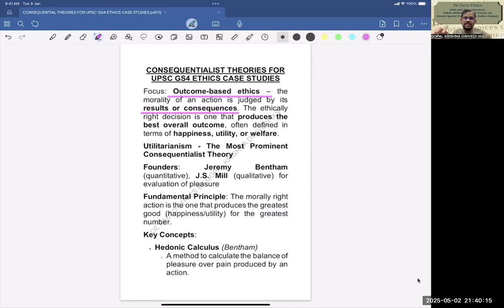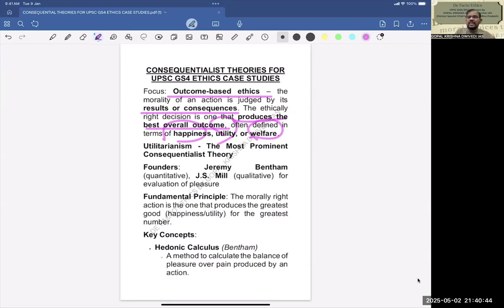It says that the ethically right decision is one that produces the best overall outcome. So whichever option produces the best overall outcome is right as per the consequentialist theory. And outcome is defined in terms of happiness, utility, or welfare, or such other terms.